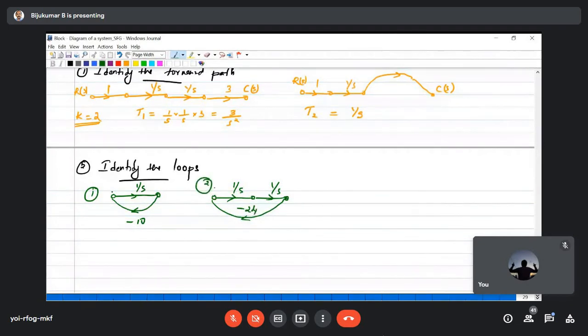So next step is to find out the loop gains. Let the first one be L1. So it is minus 10 by S. L2 becomes minus 24 divided by S square. And next, we have to see how many possible combinations of two non-touching loops, three non-touching loops, and so on. Is there any non-touching loops in this?